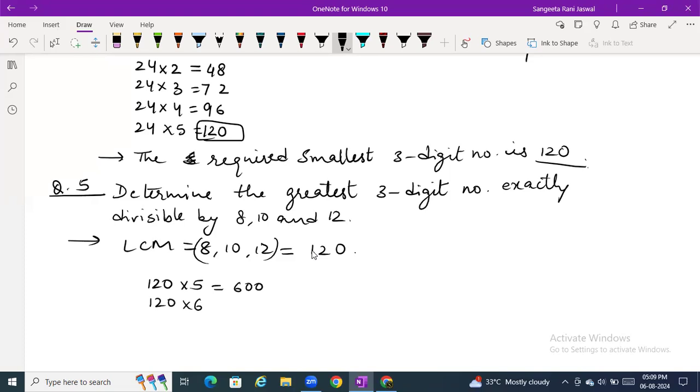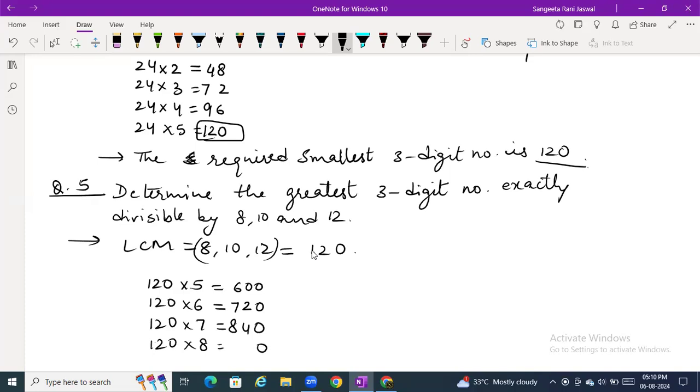Let's check with 6. 6 into 12 gives 720. We are still getting three-digit numbers, but we have to find the greatest. 840. 7 into 12 is 840.